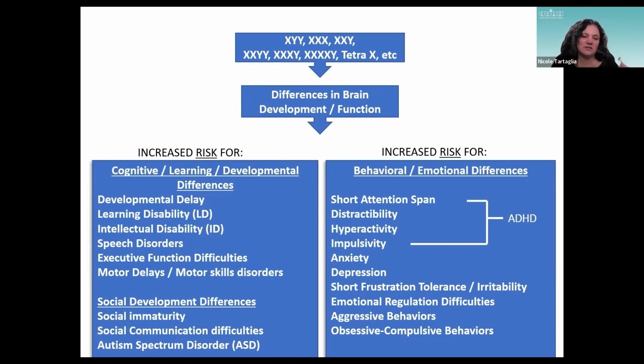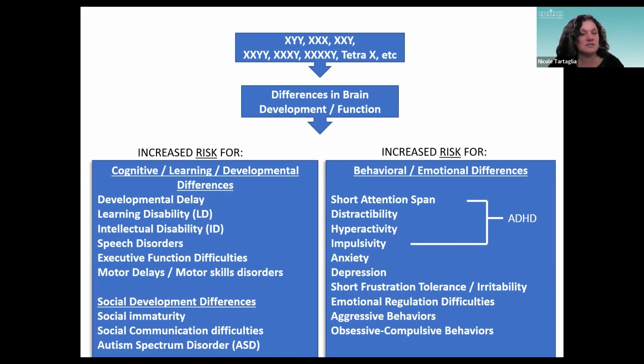And then that leads to increased risk for various cognitive learning, developmental differences, social developmental differences that you can see all listed under here, and then also increased risk for different behavior and emotional difficulties in terms of attentional types of challenges, emotional differences, anxiety, depression, frustration tolerance, and then sometimes challenges with aggressive behaviors or obsessive compulsive behaviors.